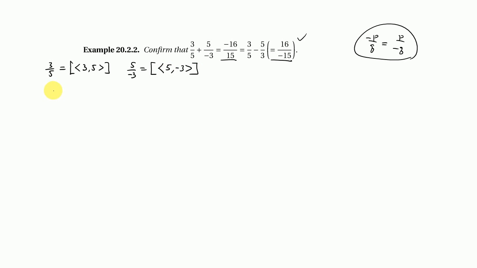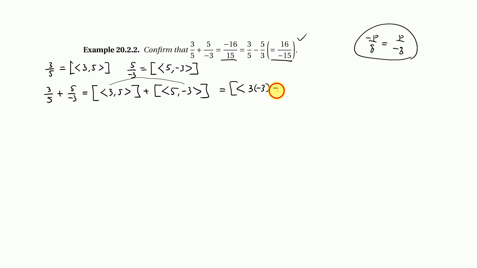Okay, so let's just add this one. Then it's (3, 5) and (5, negative 3). So the outer one is 3 times negative 3 plus 5 times 5, comma, 5 times negative 3.